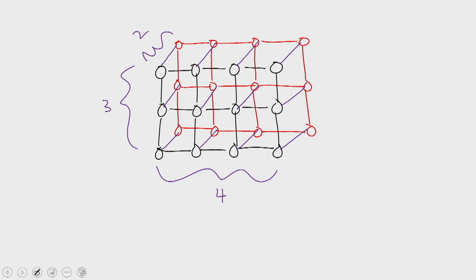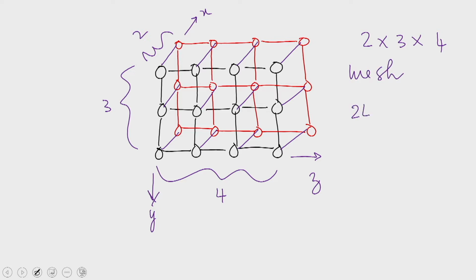So, if you call this the x dimension, this the y dimension, and this the z dimension, then we can say this is a 2 by 3 by 4 mesh. It has a total of 24 processors. And the maximum vertex degree is 6 and the minimum vertex degree is 3. Such a mesh is called a three-dimensional mesh.